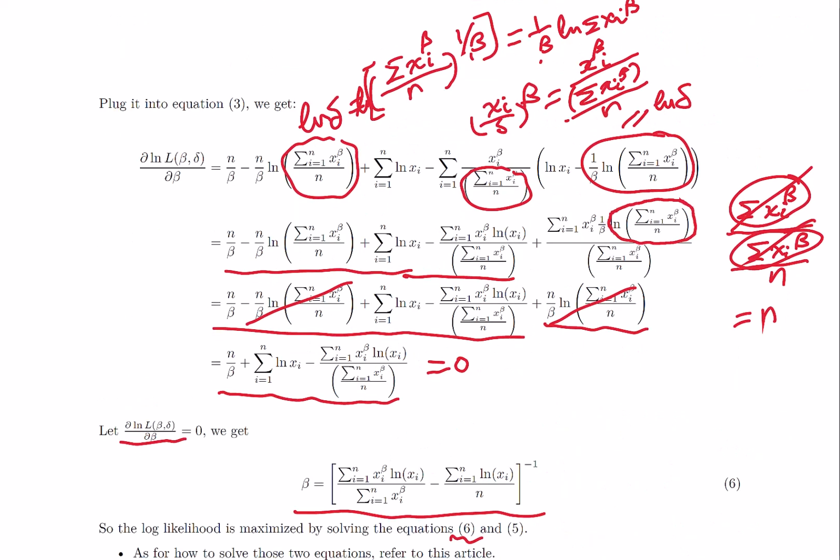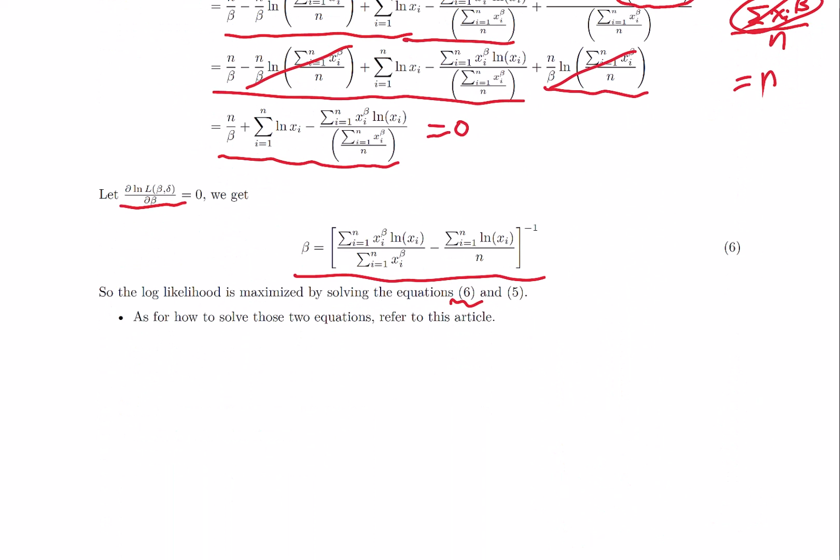So of course these are just 2 simplified versions of the first derivative with respect to beta and delta. So we should go from here.